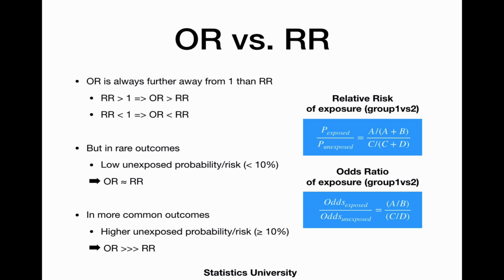And it's not a clear-cut definition what a low probability risk is, but it has been suggested, based on the mathematical relationship between odds ratios and relative risk, that you should use 10% as a cutoff for low versus high probabilities in the unexposed group.